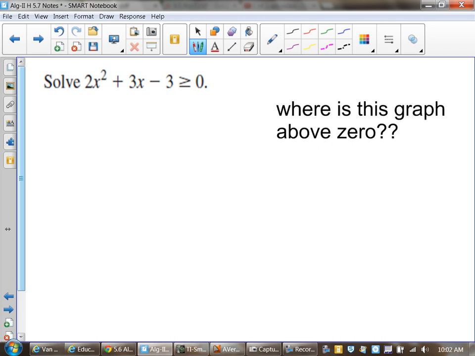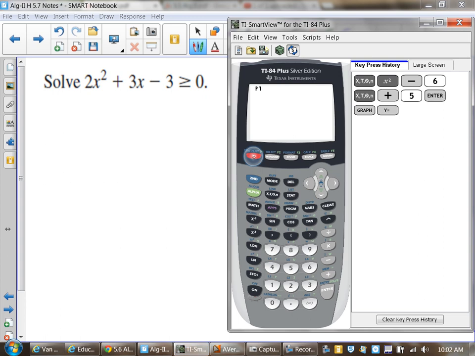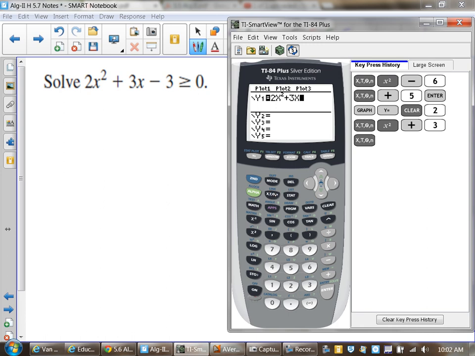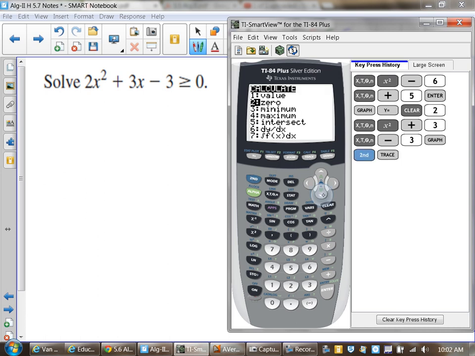Go to your graphing calculator. We're going to type in the following equation: 2x squared plus 3x minus 3. And I'm going to graph it. Find out where my vertex is. It is a minimum.